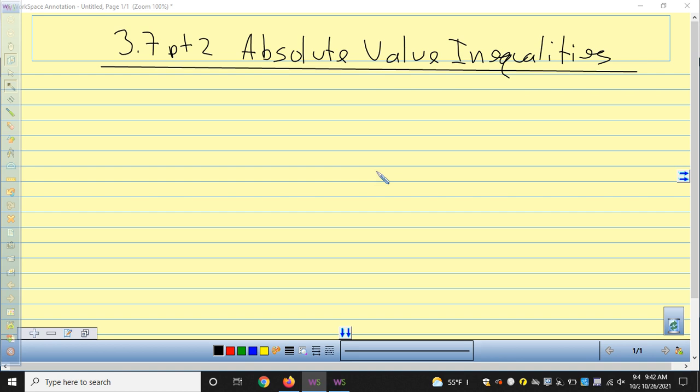Start solving inequalities. When we solve an inequality, this is true with any inequality, the arrow switches if we multiply or divide both sides by a negative.